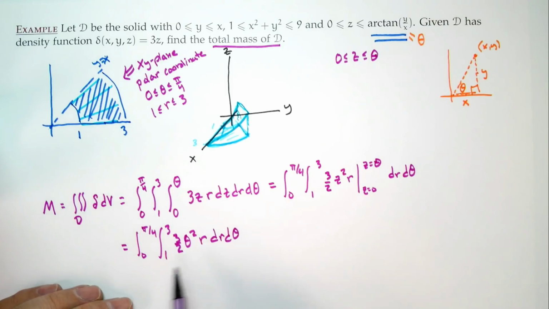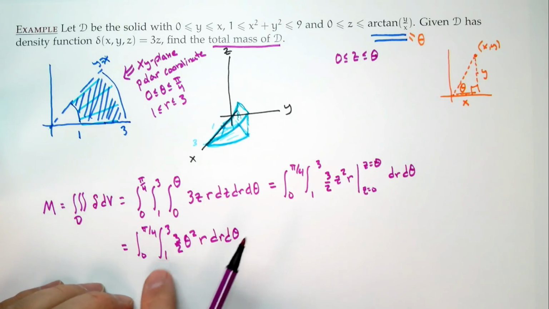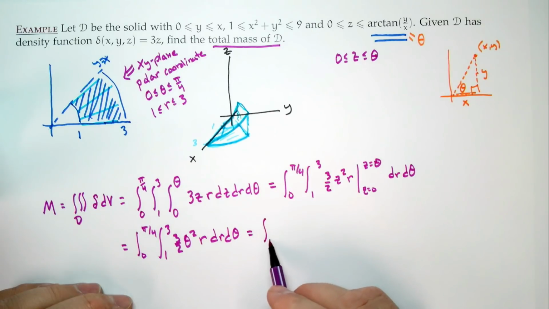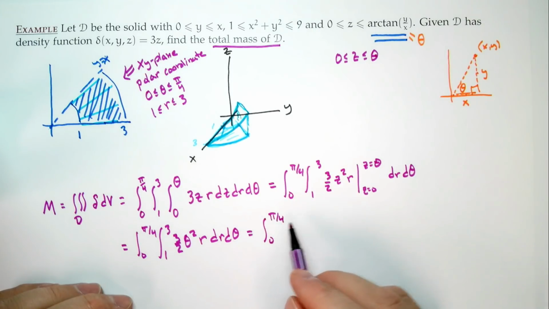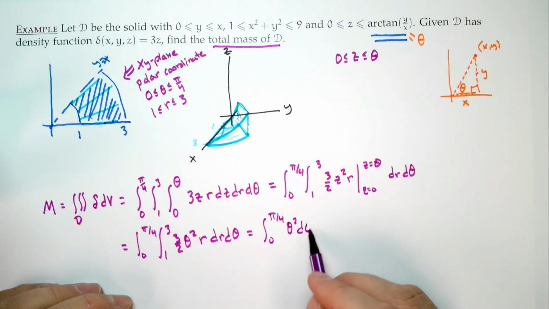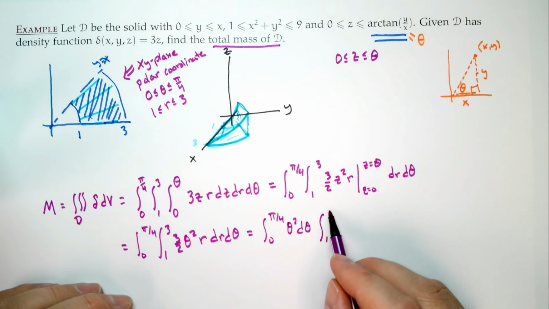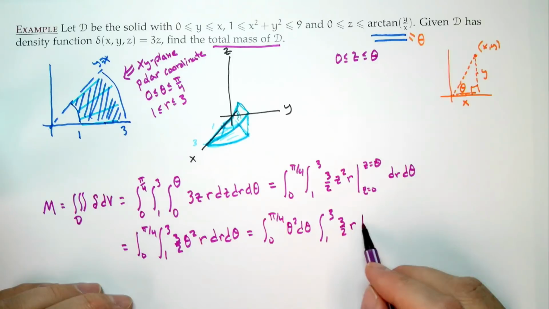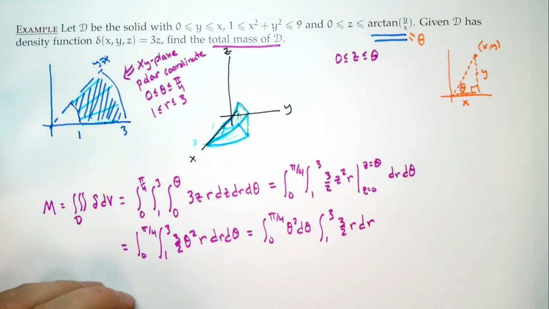Now this is actually an integral we could pull apart because the bounds are now nice, they're just numbers. So if we pull it apart, 0 to pi over 4 of theta squared d theta, and then 1 to 3 of 3/2 r. Probably shouldn't have put the 3/2 there. Well, that's okay. It'll all work out in the end, right? It's just a choice.